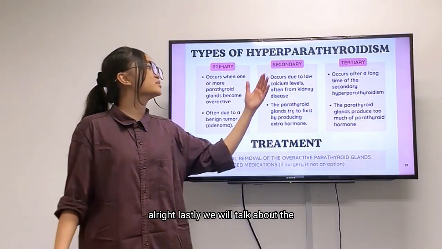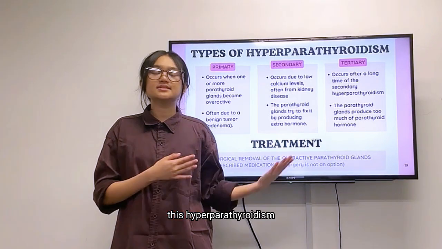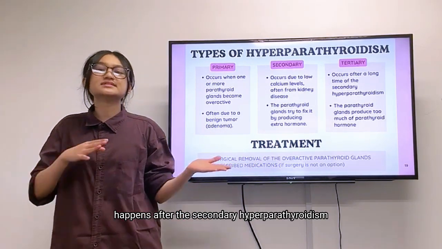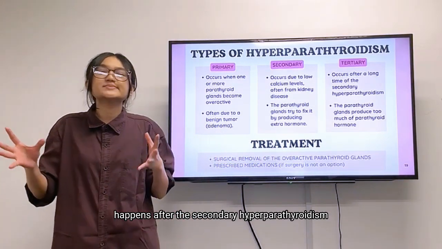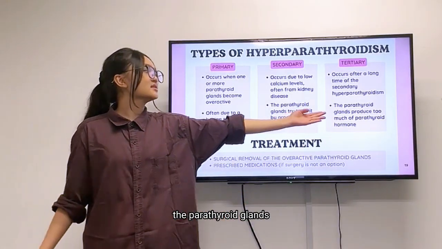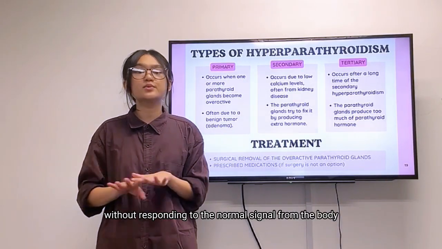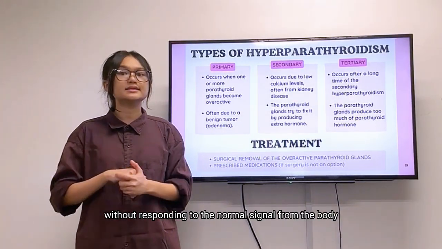Alright? Lastly, we will talk about tertiary hyperparathyroidism. This happens after secondary hyperparathyroidism has been around for a long time. Therefore, the parathyroid glands produce too much parathyroid hormone on their own without responding to the normal signal from the body.